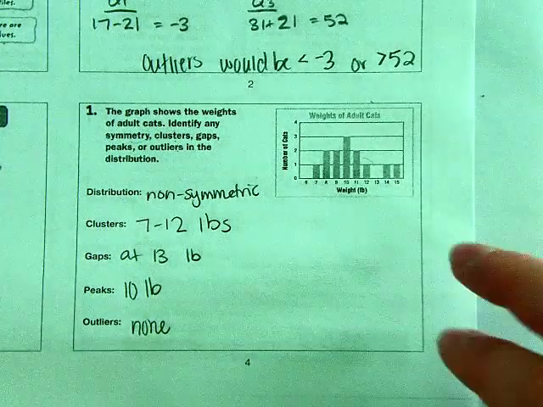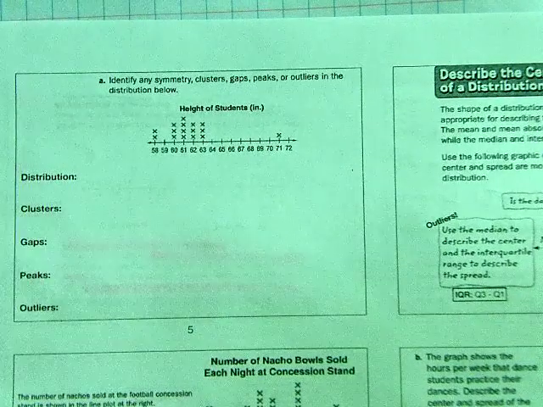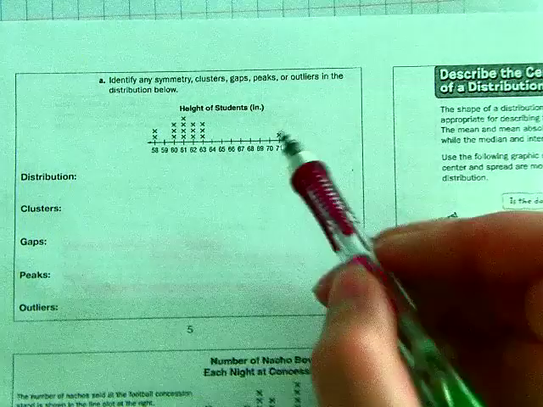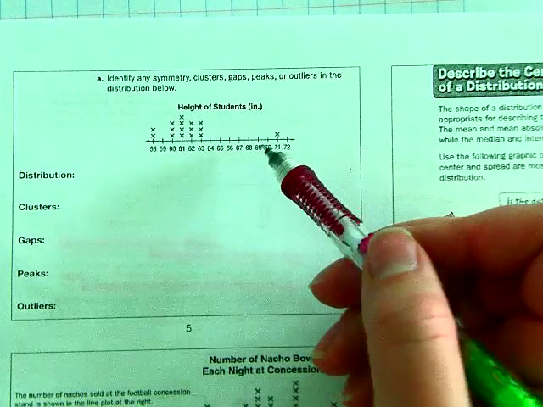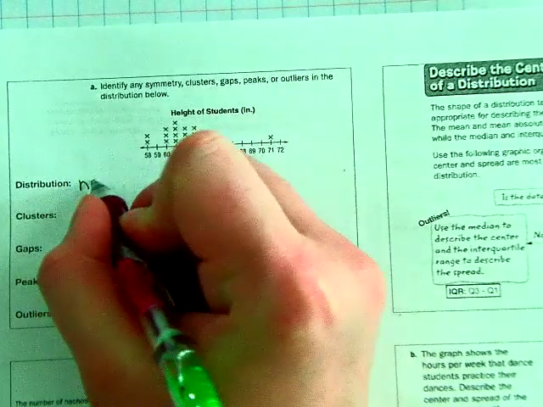Outliers are usually pretty obvious, but sometimes not. On slide 5, identify any symmetry, clusters, gaps, peaks, or outliers here. This one might be an outlier. We're going to have to use our math to check that. For the distribution, symmetric or non, this would be non-symmetric.